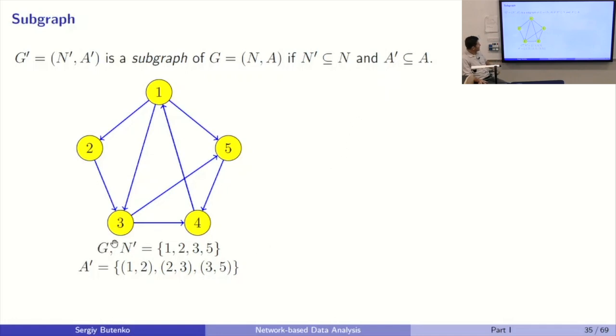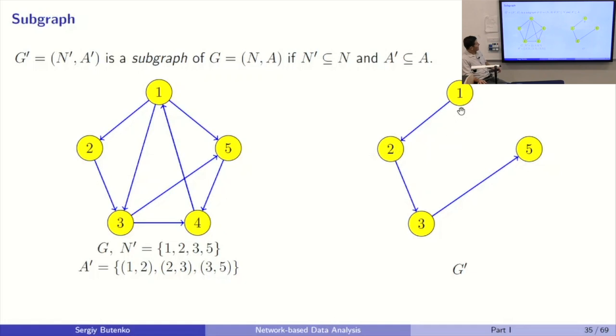Let's say I have G given by this graph right here, then N prime will be the subset of vertices for which I'm looking at the subgraph: 1, 2, 3, 5. And the set of arcs is given by (1,2), (2,3), (3,5). Then my subgraph is going to look like this, right? I just specify the arcs and the nodes that are listed in N prime and A prime, right?